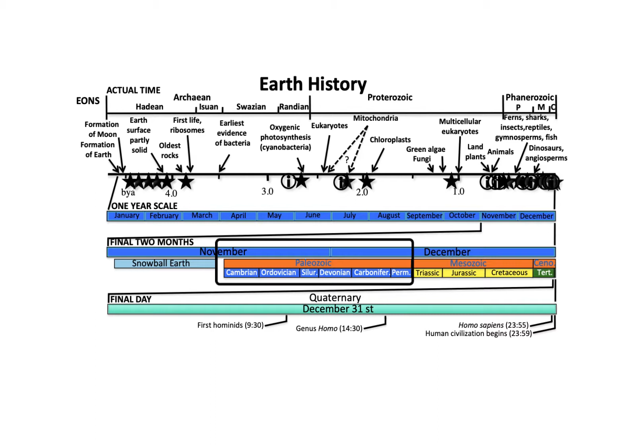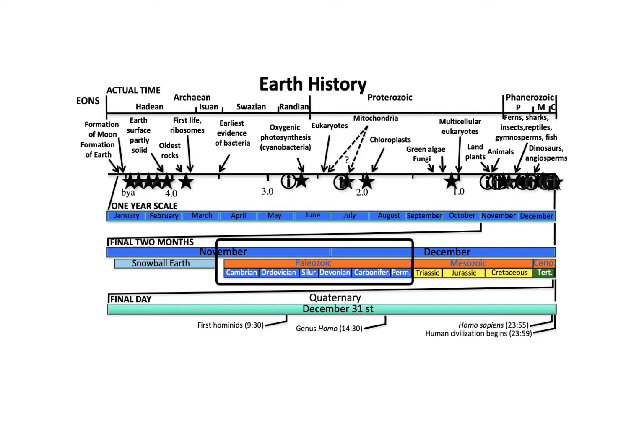The Carboniferous was where we have those huge forests that are then creating a lot of carbon, sequestering a lot of carbon, which we will later pull out of the earth as oil and hydrocarbon fossil fuels.